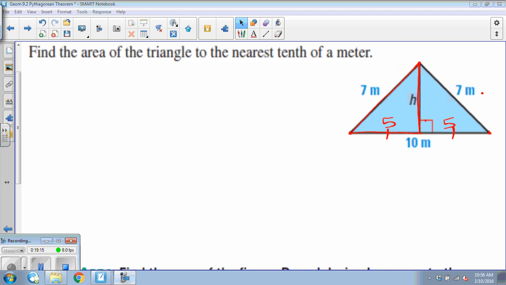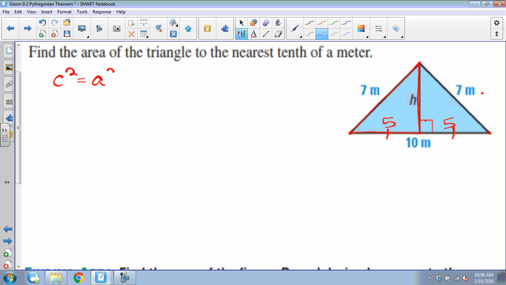Okay, so we need to find the height. And so c squared equals a squared plus b squared. So c is 7 because it's opposite the right angle. So 7 squared equals, so this is C, A, and B. B is 5. So 7 squared equals h squared plus 5 squared.